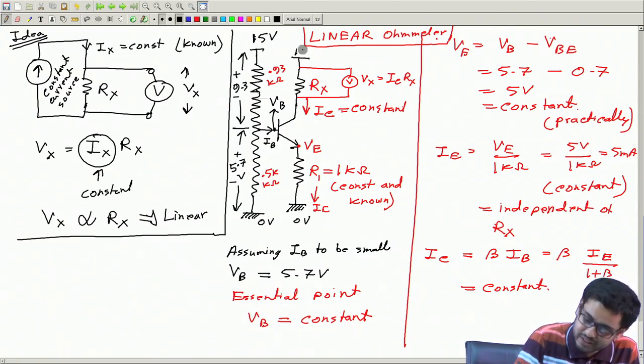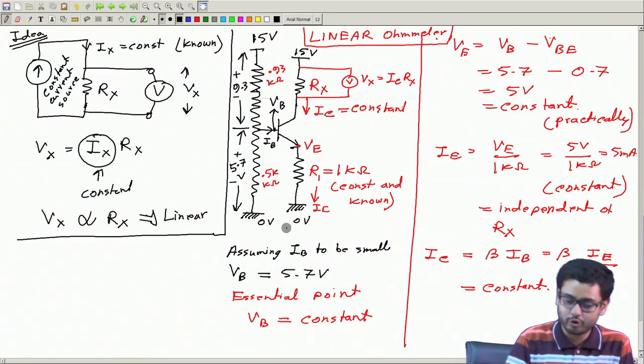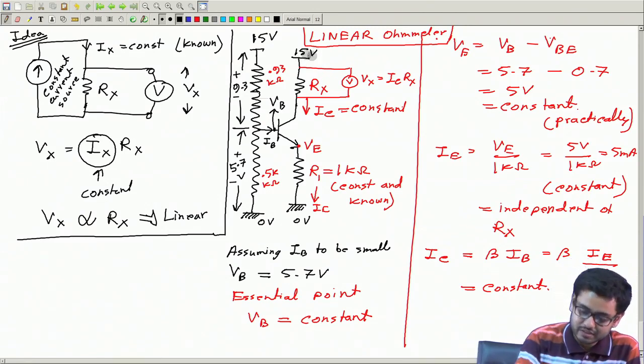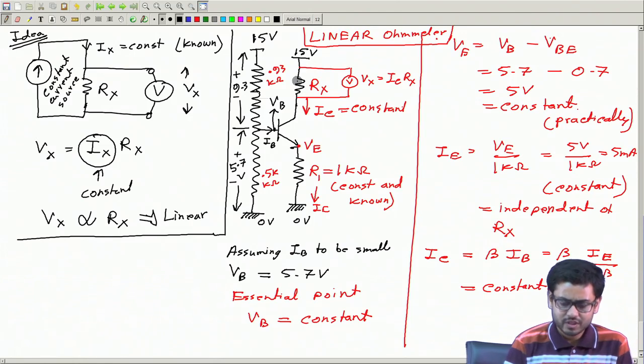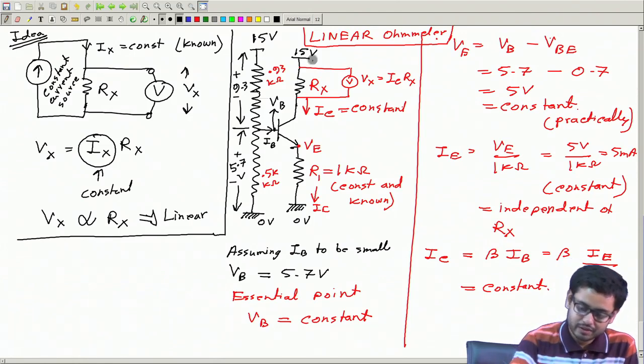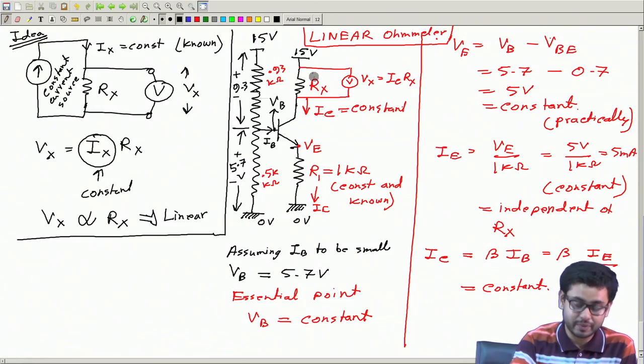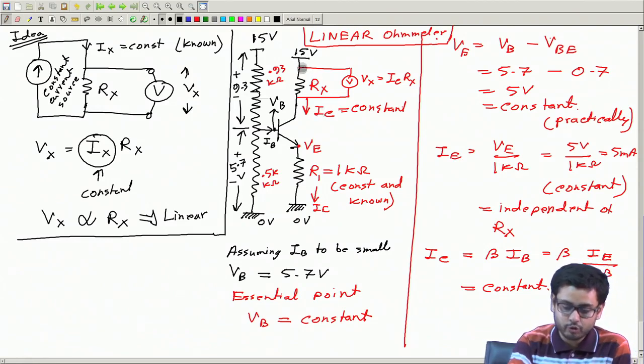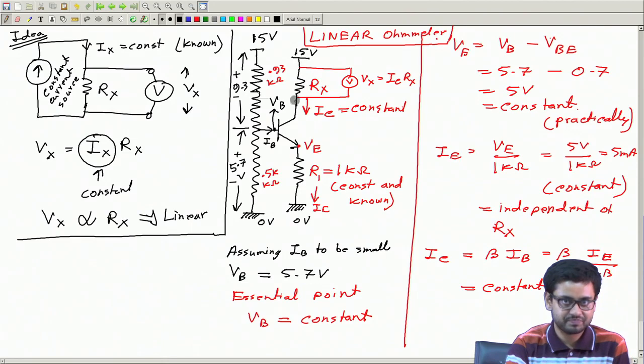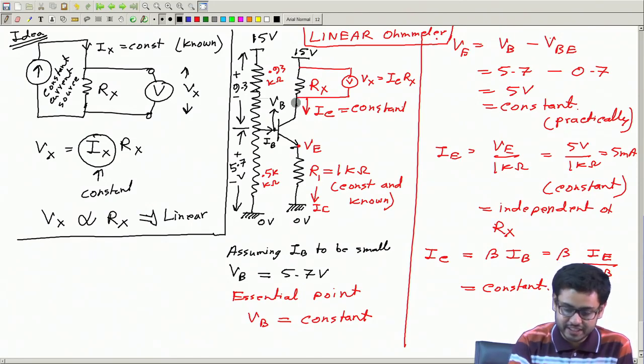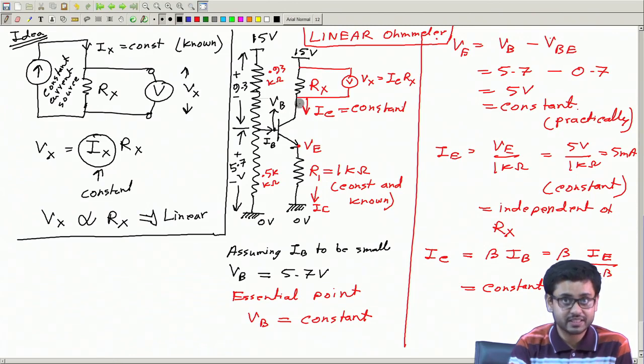I forgot to mention that this is also 15 volt. So that means Vx is this IC, which is a constant, multiplied by Rx. That much voltage drops across this, and the remaining voltage will drop across the base collector junction.